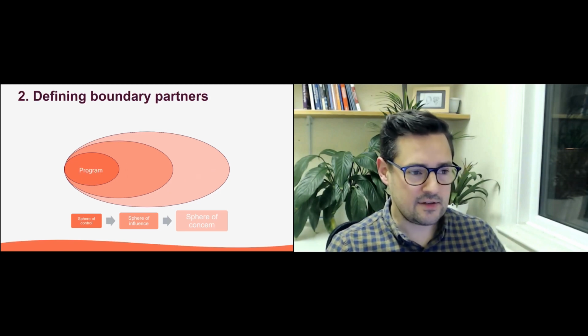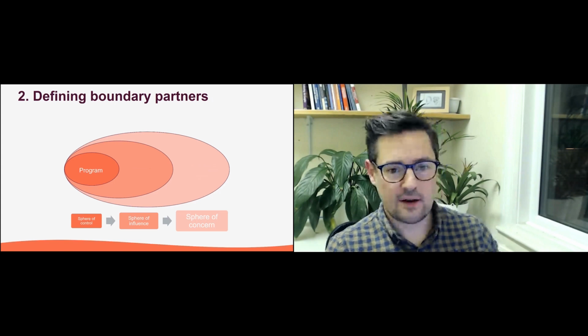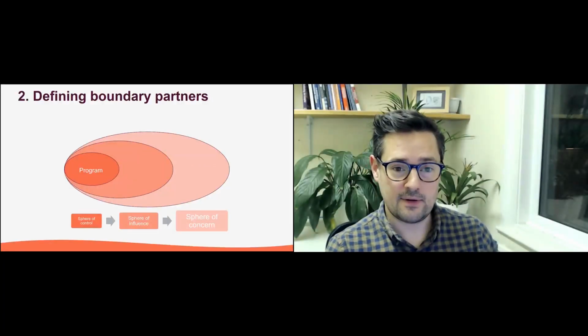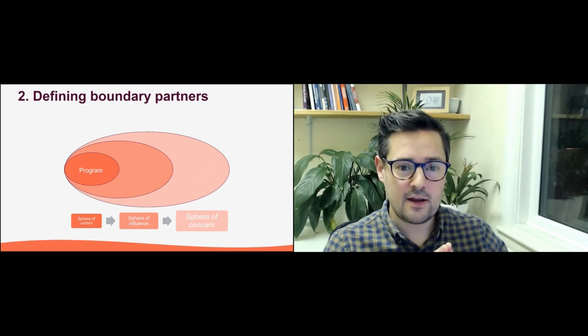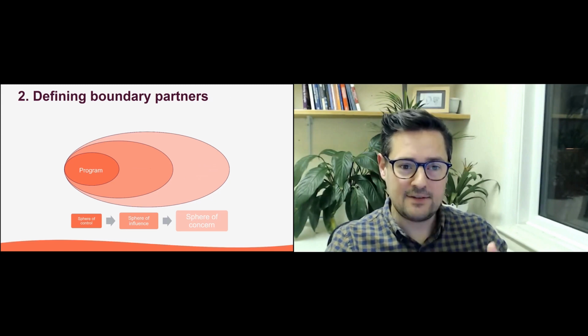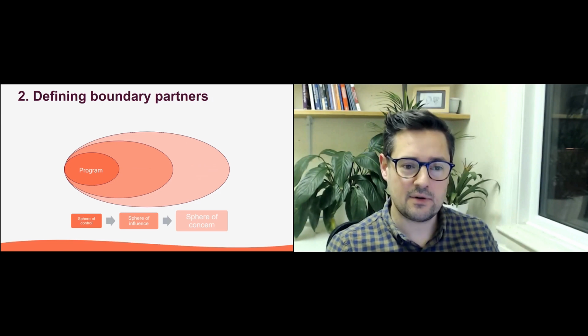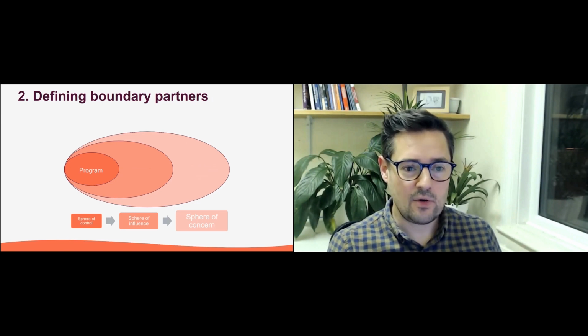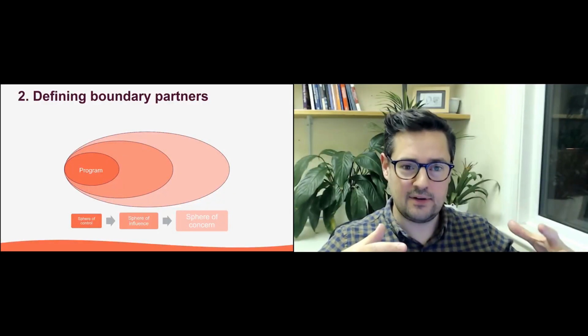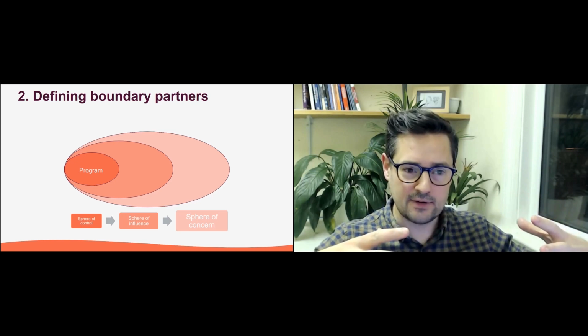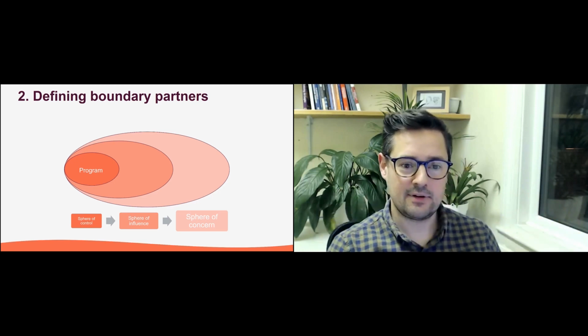So the second core concept is defining boundary partners. We can identify actors, people, organizations, or groups who exist on the boundary between our sphere of influence and our sphere of concern.